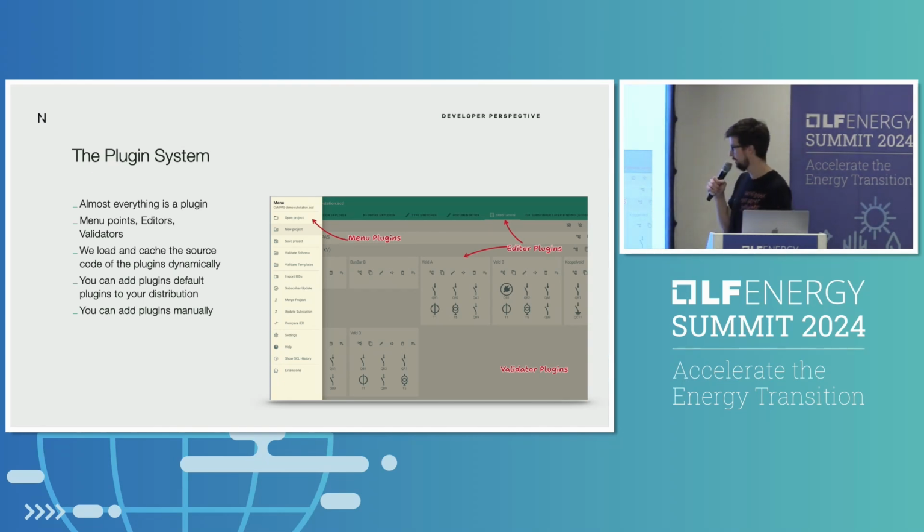So as you can see, in OpenSCD almost everything is a plugin. We have the menu here, and that's why I meant so: open project, new project, save project. These are all plugins and not part of OpenSCD. And why it is important is, for example, a good example is open project. By default, if you use OpenSCD, you open projects from your local PC.